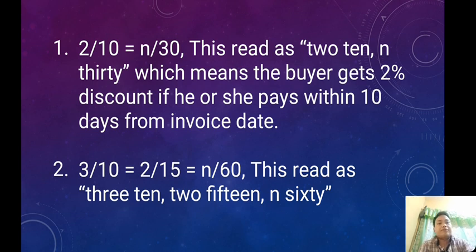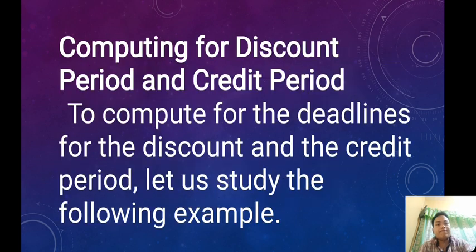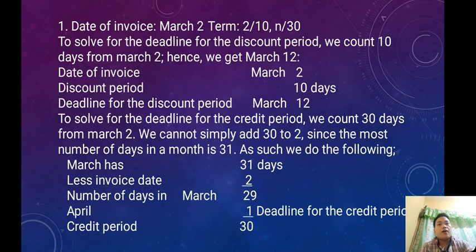Okay, so next, computing for the discount period and the credit period. To compute the deadlines for the discount and the credit period, let us study the following example. Number 1, date of invoice, March 2, and term. When we say term, it is the agreement between the seller and the buyer.